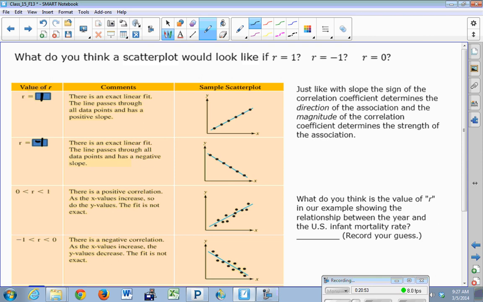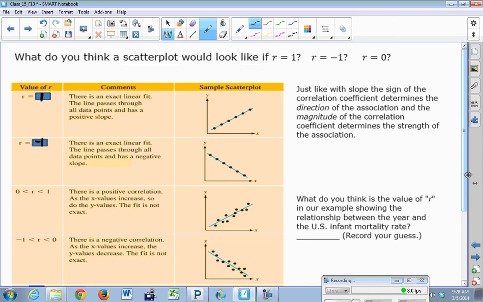The closer it gets to 1, it's getting stronger and stronger. And where the cutoff point is, that's another whole lecture, and it depends a lot on what academic field you're in, social sciences versus hard sciences. At what point do we say, I'm not going to look at this data or try to find a line because r is too weak? That's another whole story. And you could have the same story on the other side with a negative association. r can be between -1 and 0.